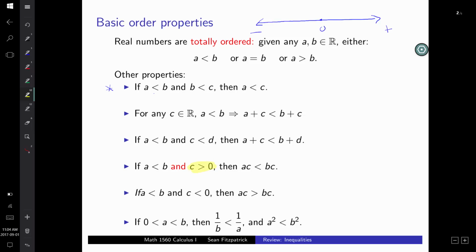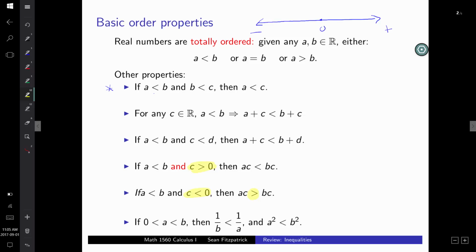If you want to multiply both sides of an inequality by a constant, well, check to make sure it's positive, right? So for a positive constant, you preserve that inequality. But if you multiply by a negative, the direction of the inequality switches around, right? You reverse the inequality. So you got to be very careful multiplying because you might switch that order, which can get you into some trouble.